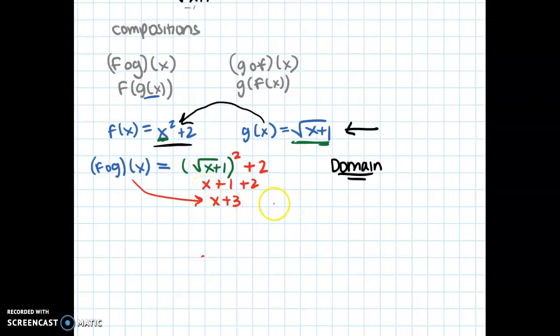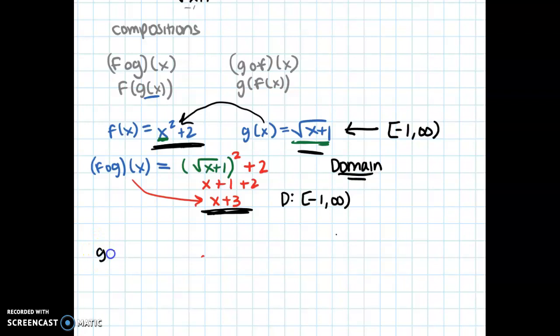So even though this domain looks like all real numbers, it's actually not, because it came from these two original functions. Since my domain here was yet again -1 to infinity, those are the only x values that I'm allowed to use. So even though this is all real numbers, and in turn this ends up being all real numbers, my domain of this new function is only going to be -1 to infinity. I can't use all real numbers because I initially wasn't allowed to use them in the very beginning.